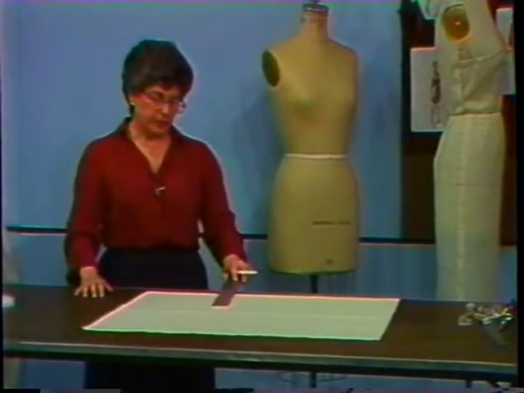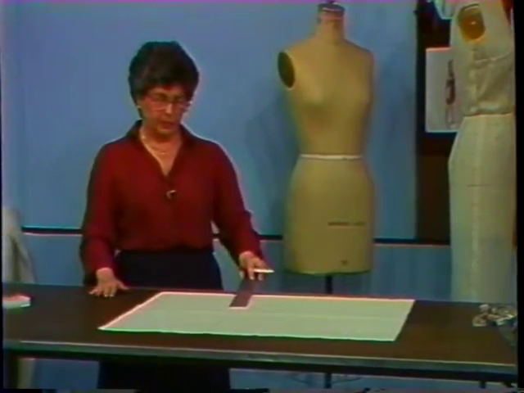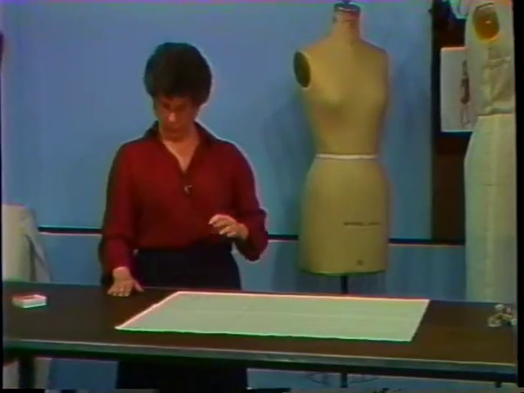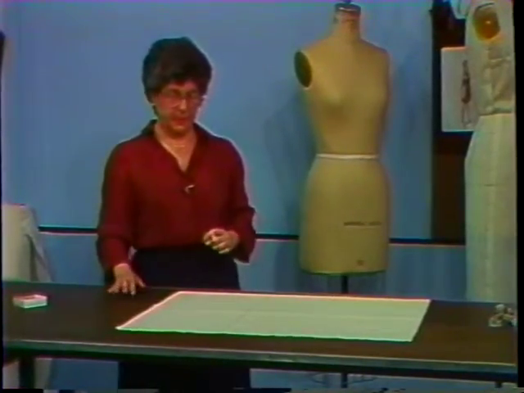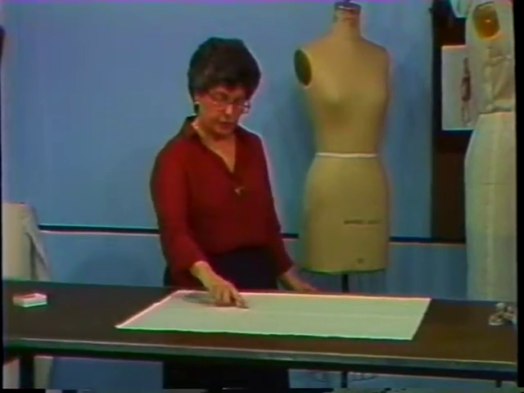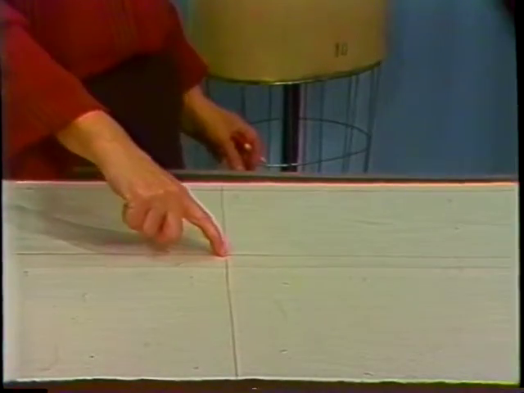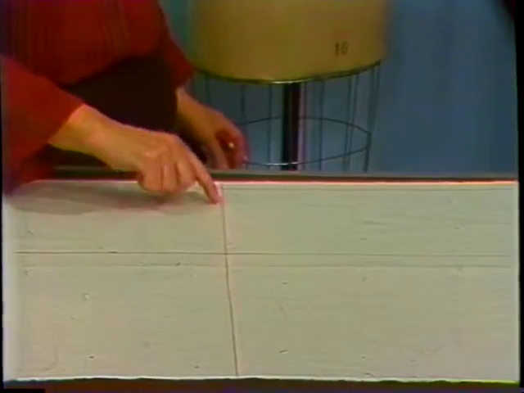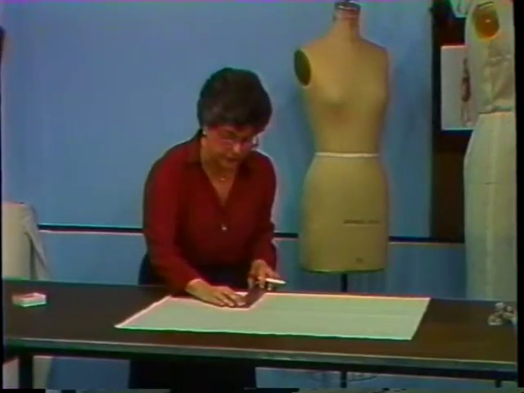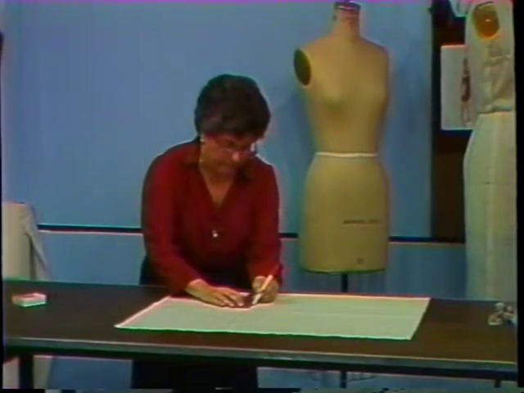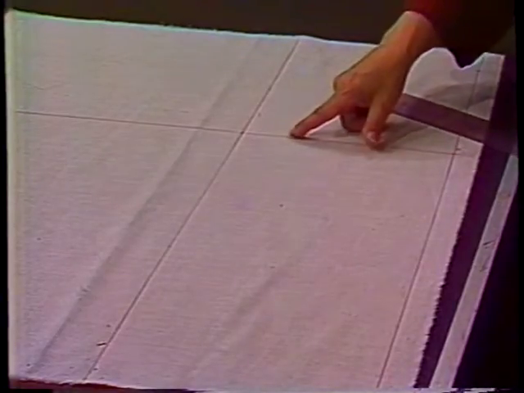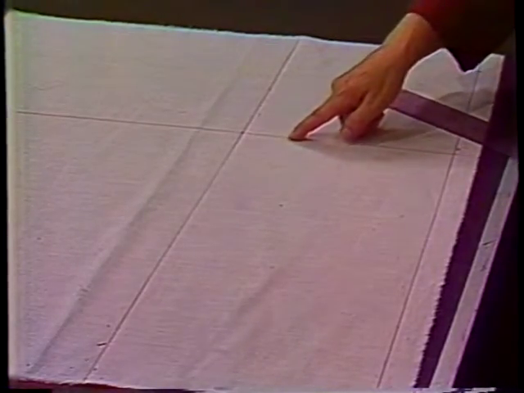There is another location we would like to draw for help in draping in balance, and that is to measure from the side seam that you just drew back towards the center 2 inches along the cross grain. At that point, we will draw a lengthwise grain coming up to the top of the muslin only.